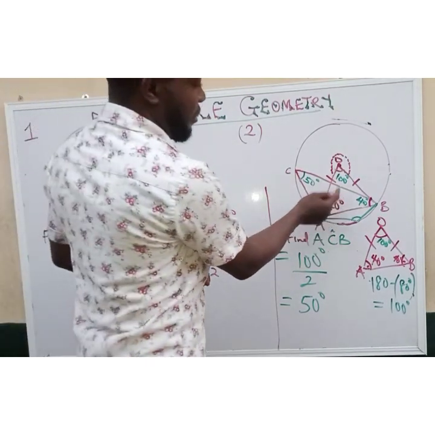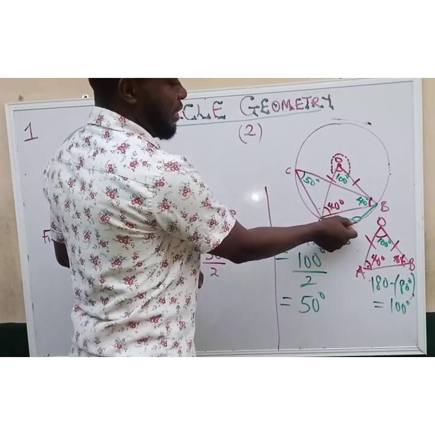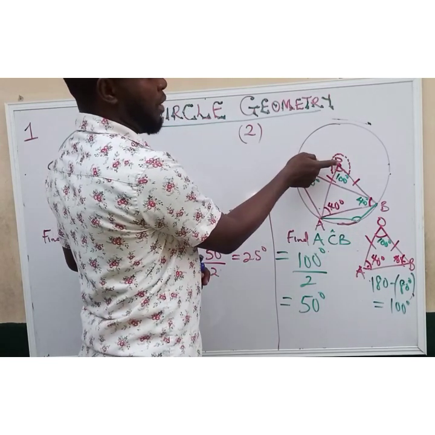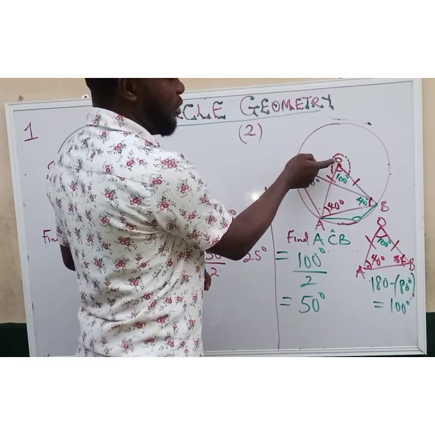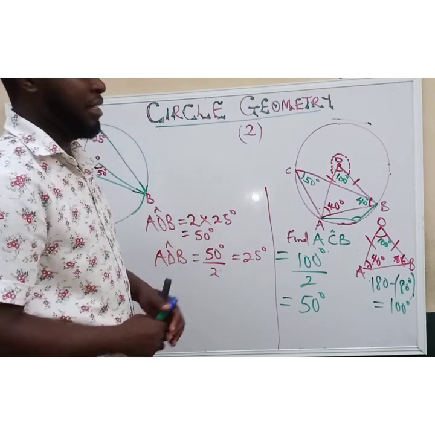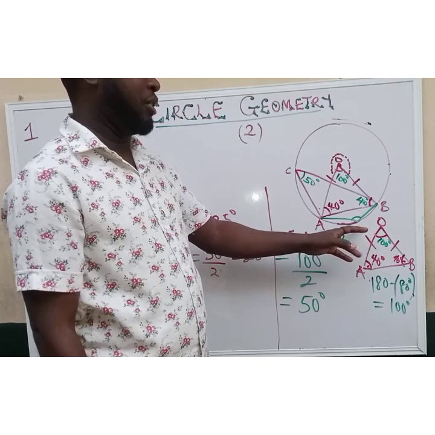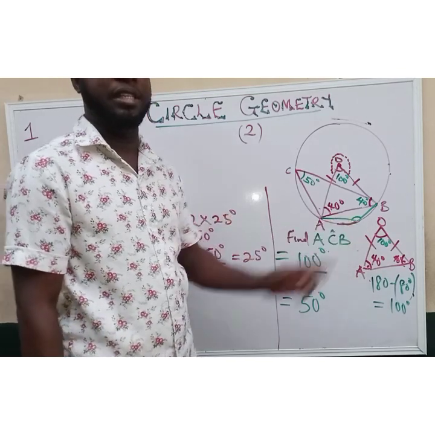Now, so that means to get the angle at the circumference here is going to be half of angle at the center here. Now, what is the angle at the center here? The angle at the center here is what? Is 260 degree. So you just say 260 degree divided by 2, and that will be what? 130 degree. So this one will be 130 degree.